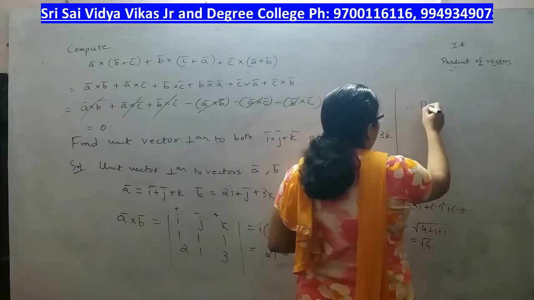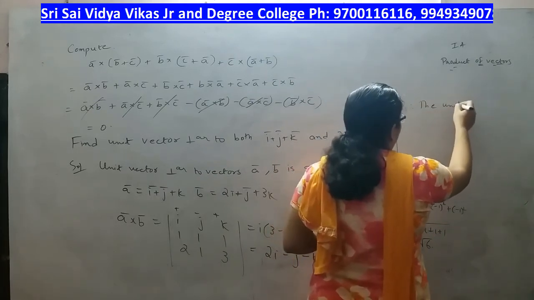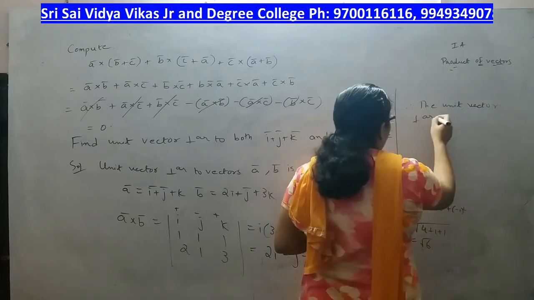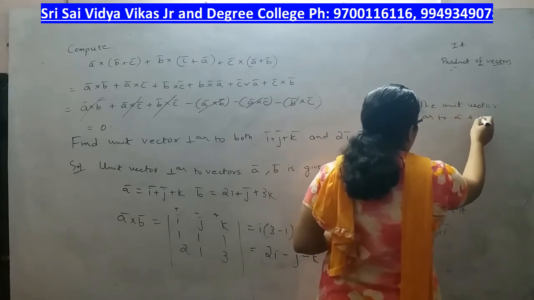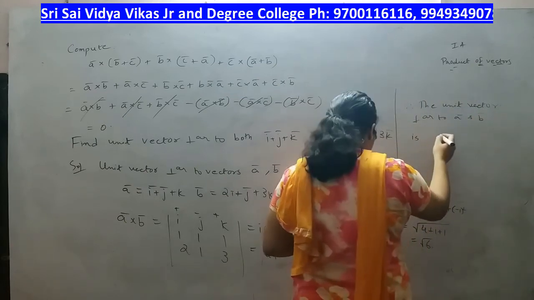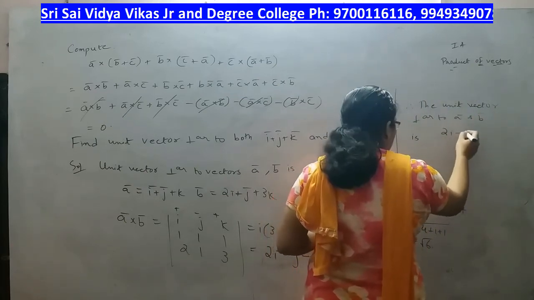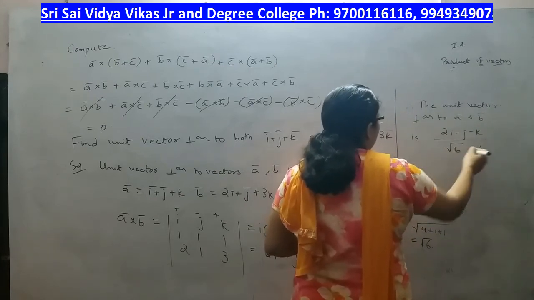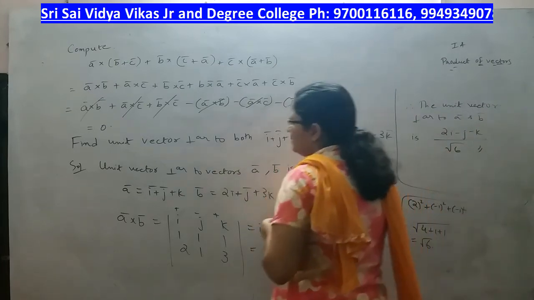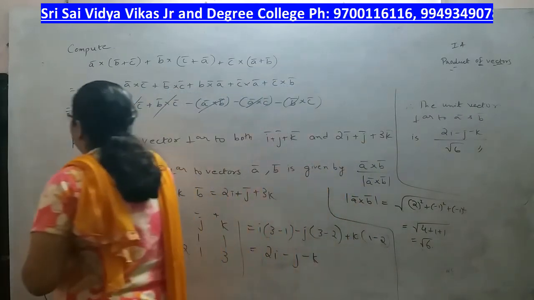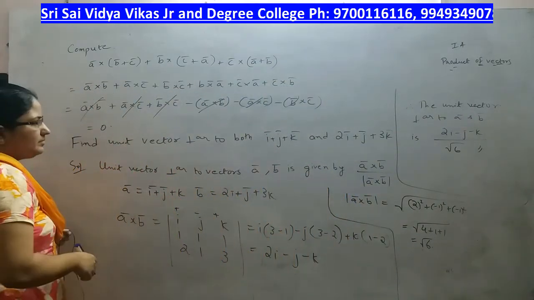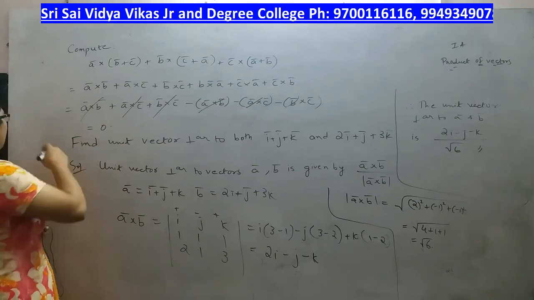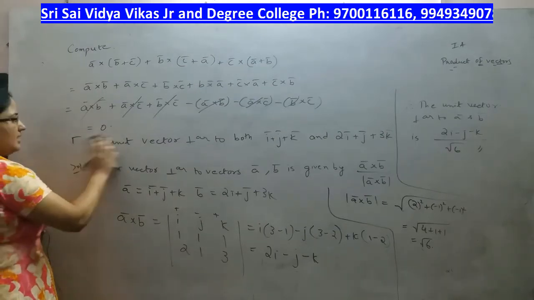Therefore, the unit vector perpendicular to A bar and B bar is 2i minus j minus k by root 6. This is the answer. Let us discuss the next problem.